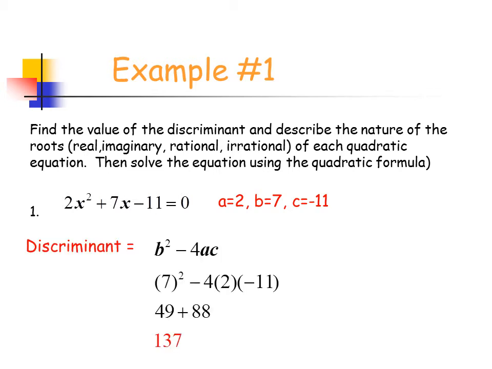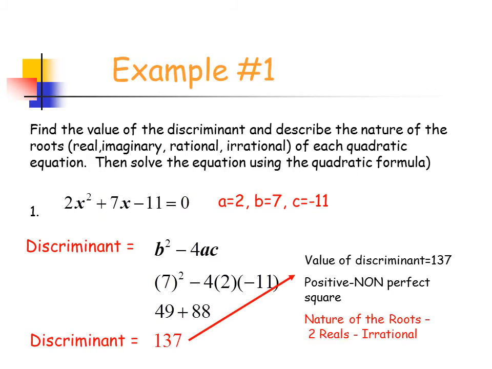Your discriminant is b squared minus 4ac. So if you plug these in, you will get 137. Well, 137 is positive, but is not a perfect square, so therefore you know your roots should be two irrational roots. Let's go ahead and solve this and see if that's the case.